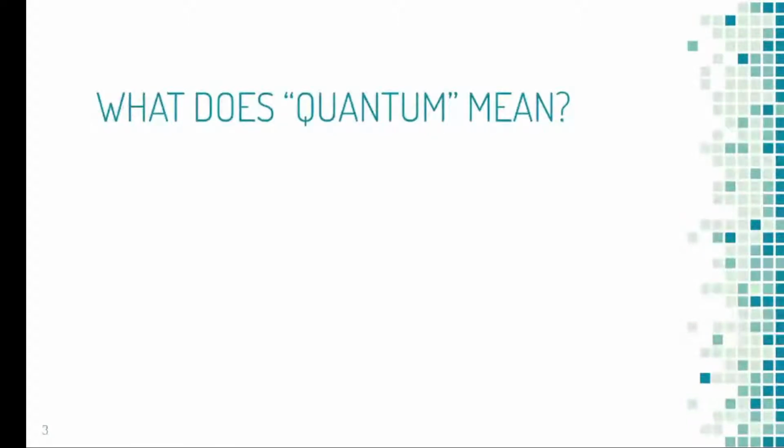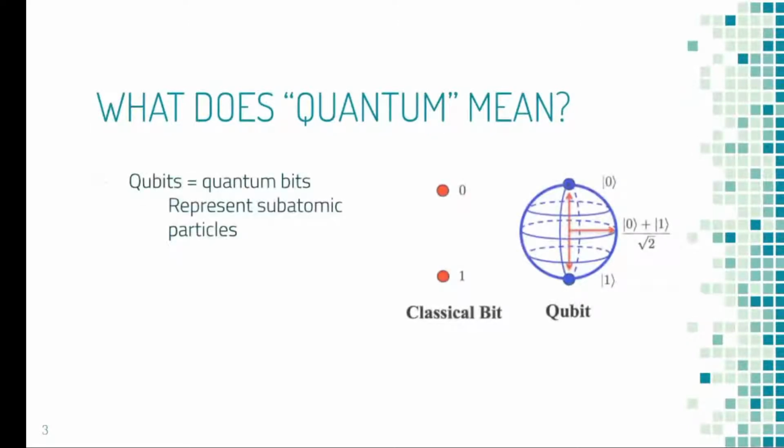But a quantum bit is also called a qubit, and it represents subatomic particles. So it keeps a unique value, and it's very different from a classical bit. So a qubit, it could be 0, it could be 1, it could be everything in between.